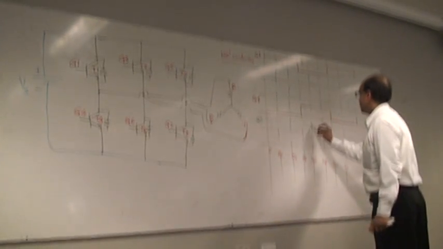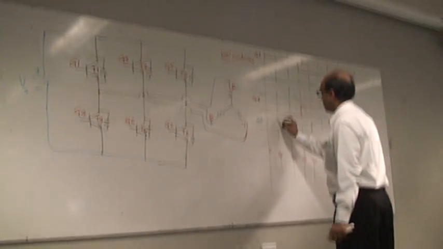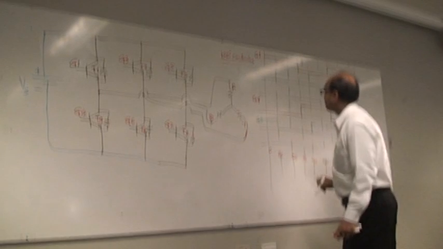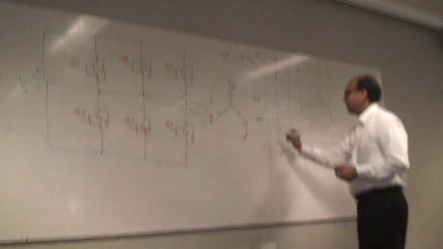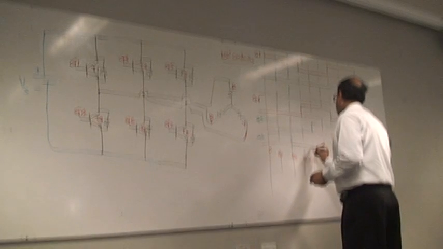So when you give G5, it's like this, but here it will be on, isn't it? And then you give G6, which will be so each one is delayed by 60 degrees.